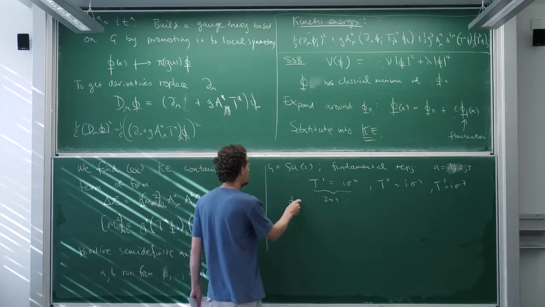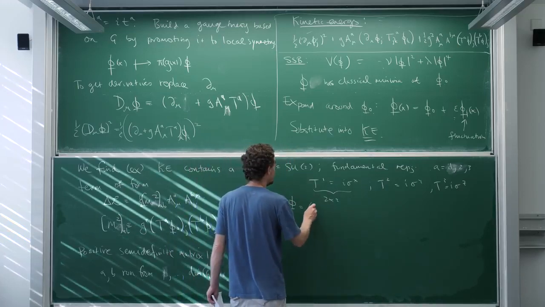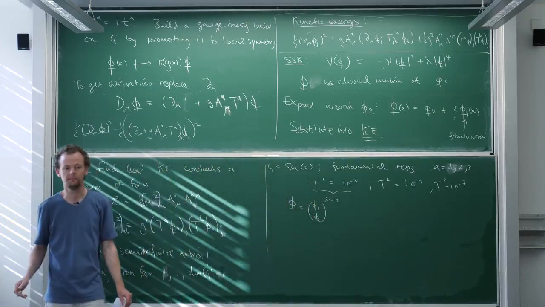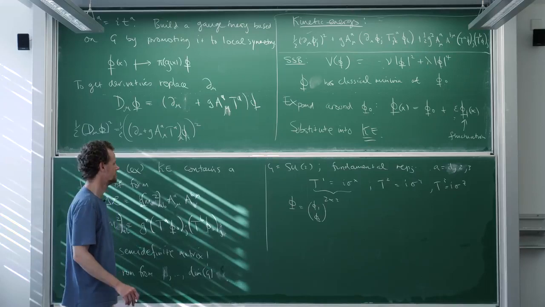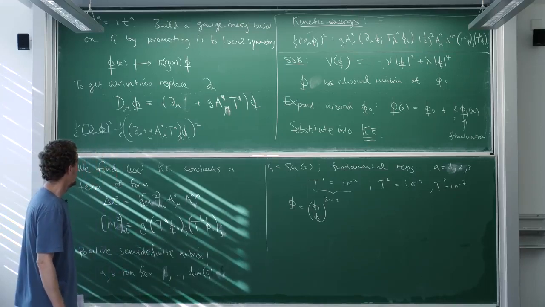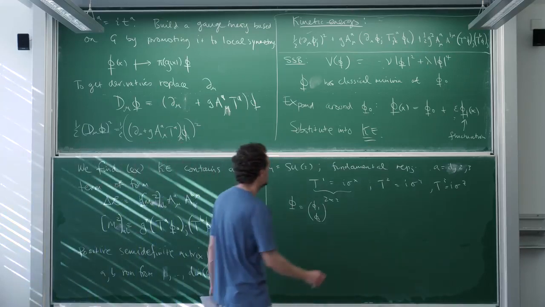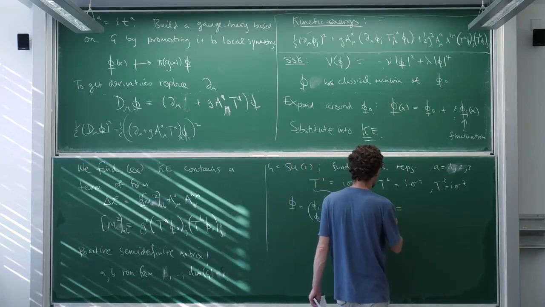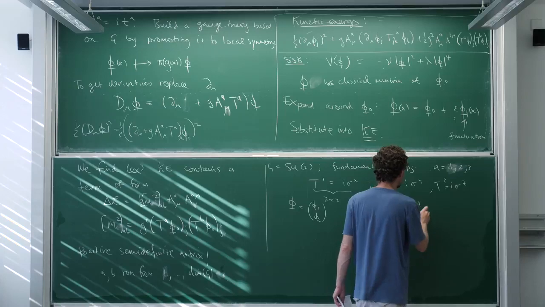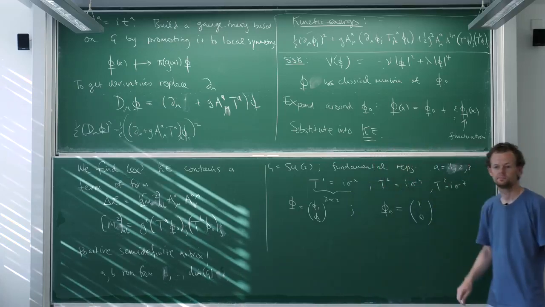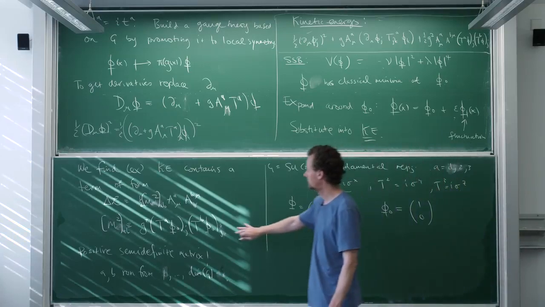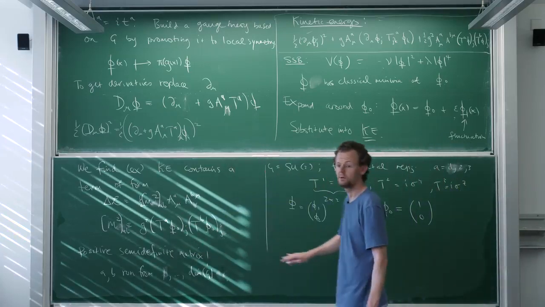So in order for this to work out, phi is a 2-dimensional vector like that. And for the cases we usually consider, phi naught looks something like this. So we can now build this matrix here and have a look at what it looks like.